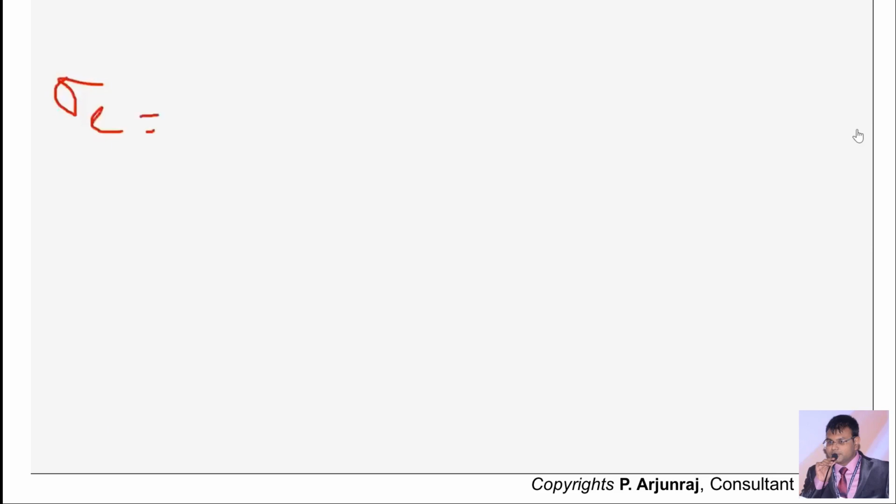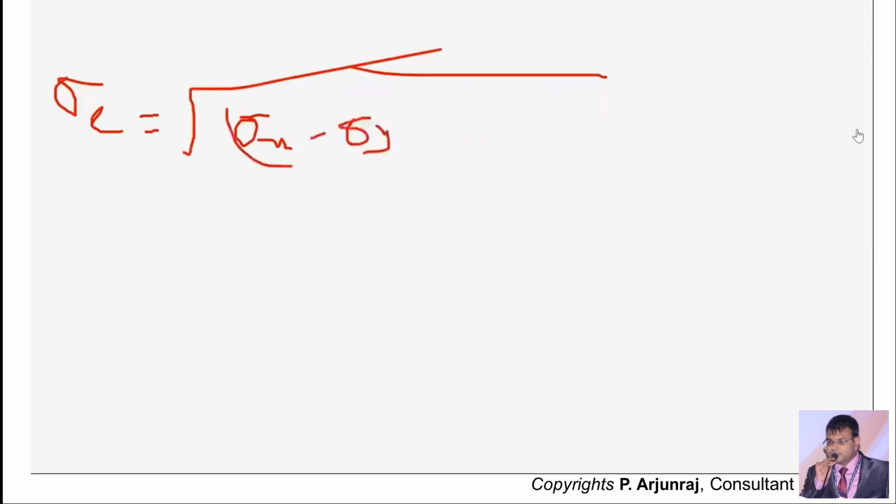This sigma e is going to be root of sigma x minus sigma y the whole square plus 4 into tau xy square.